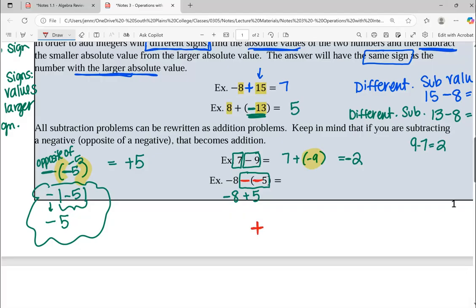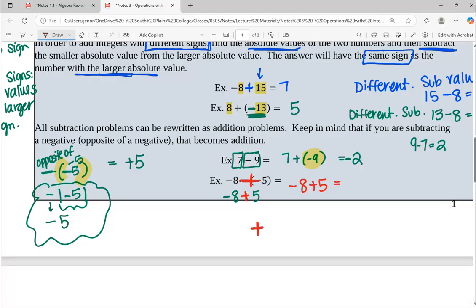The second one is the up and down. It requires both of these in order to create the plus. So when I'm done, I have a negative 8 plus 5. Both of these have disappeared. It required both of them to turn positive.